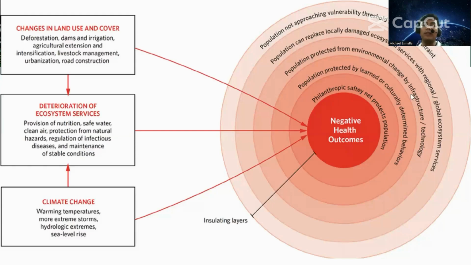So we have the different philanthropic organizations that are helping society to combat negative health outcomes. For example, in the case of COVID-19, many philanthropists offered and donated; some organizations gave alcohol and safety kits, face masks, and face shields. So this philanthropic safety net consists of the non-government and government organizations that create programs to battle negative health hazards.